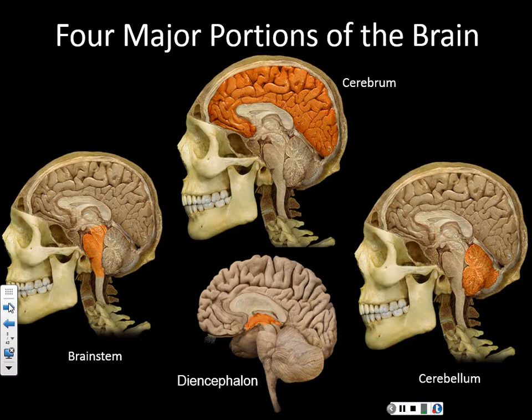So there's the brainstem. You've got the medulla, the pons, and the midbrain. And then the diencephalon is kind of like in the middle here, made up mainly of the thalamus and the hypothalamus, and then the cerebrum has got two hemispheres, and that's also split into lobes, which we'll talk about, 5 of them.